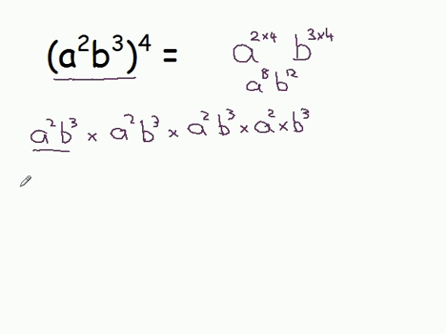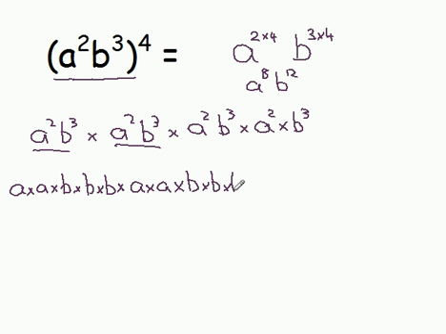So this here becomes a times b times b times b. This becomes a times b times b times b. Then there's this times sign here.